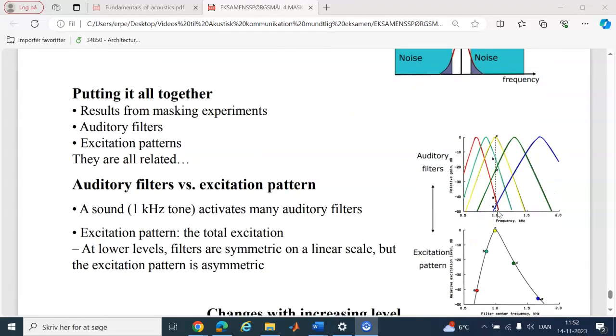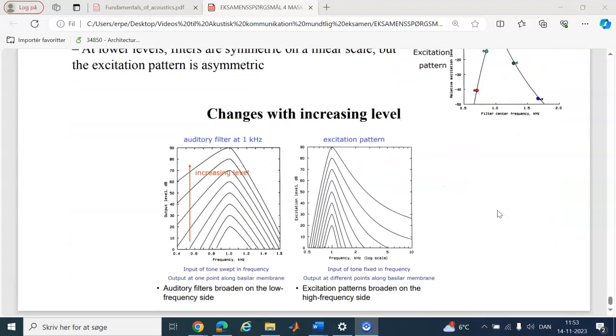A 1 kilohertz tone activates many auditory filters. Auditory filters broaden on the low frequency side.